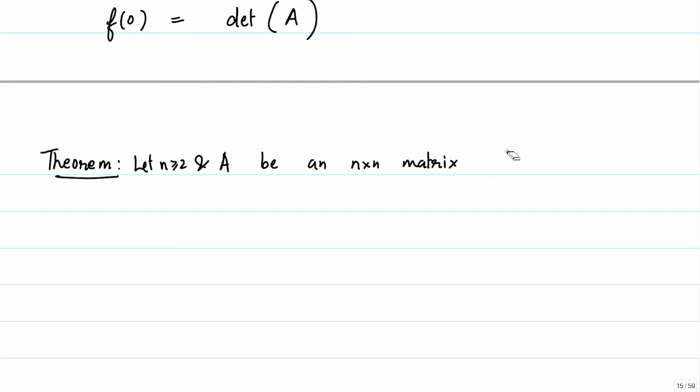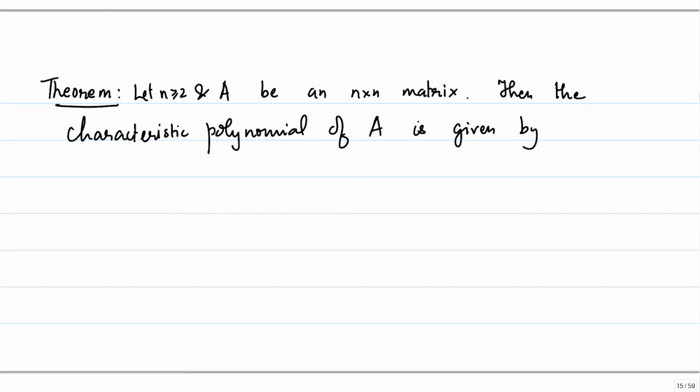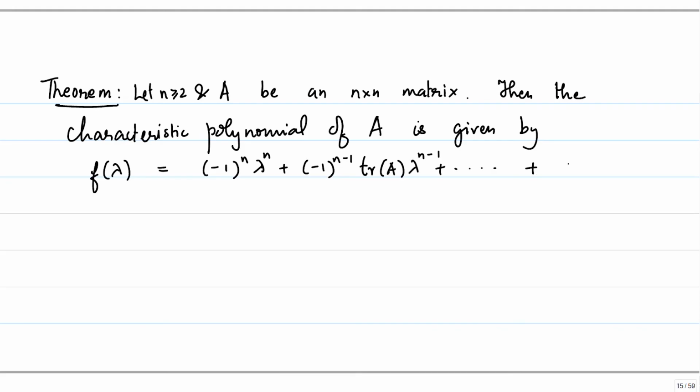Then the characteristic polynomial of A is given by f of lambda equal to minus 1 to the power n lambda to the power n plus minus 1 to the power n minus 1 times the trace of A times lambda to the power n minus 1 plus dot dot dot plus finally the determinant of A. So the characteristic polynomial encodes in its coefficients the trace and the determinant of our given matrix A.